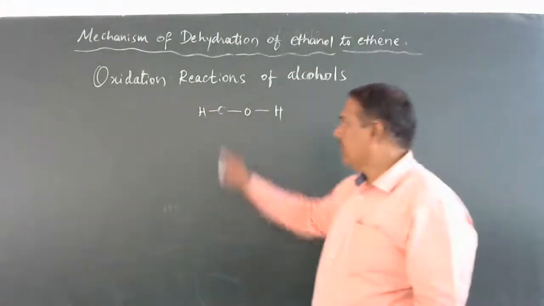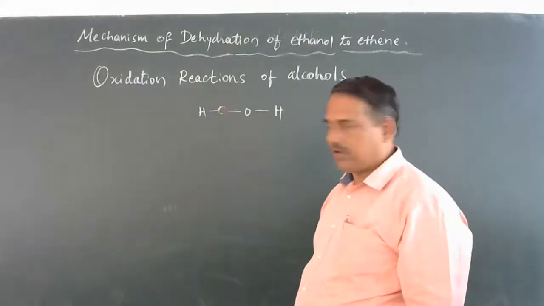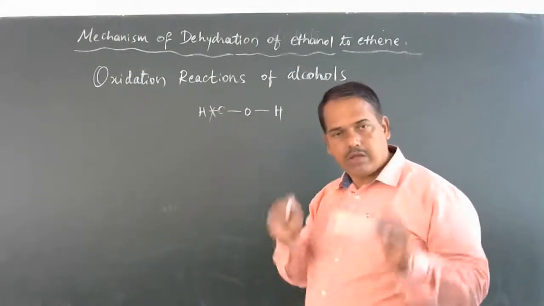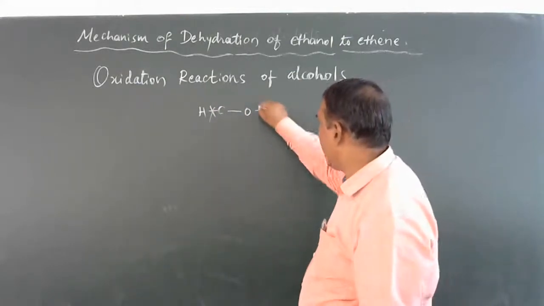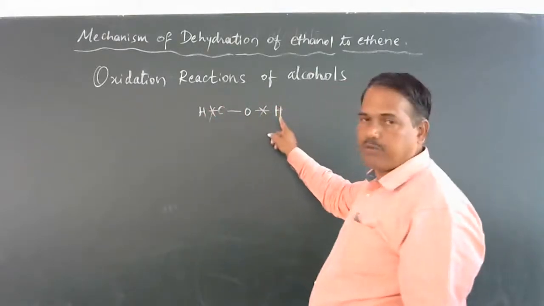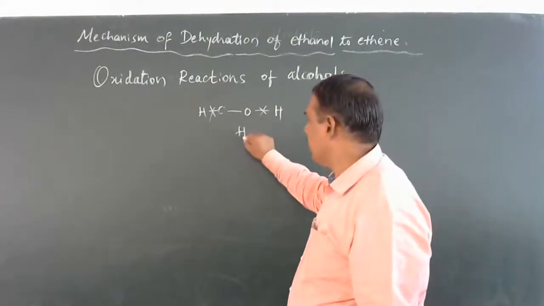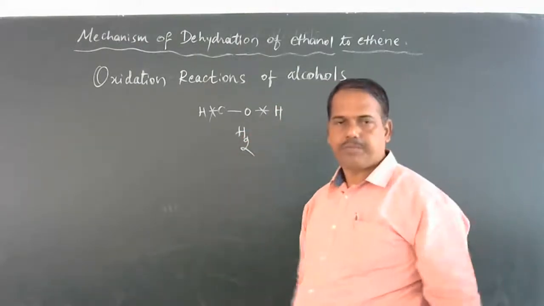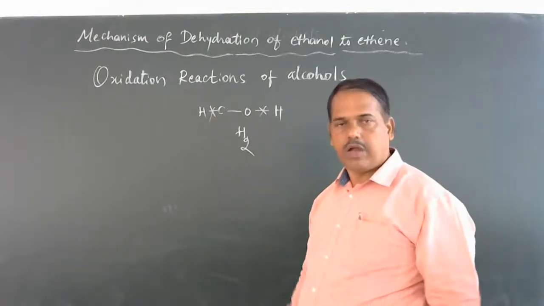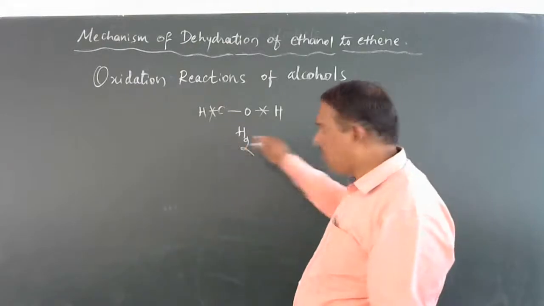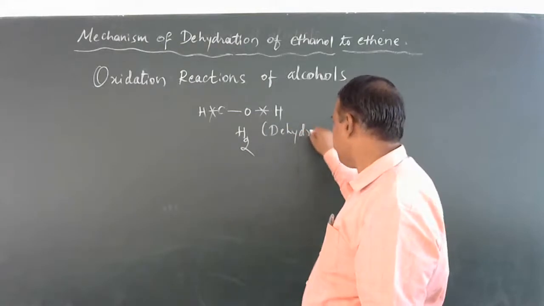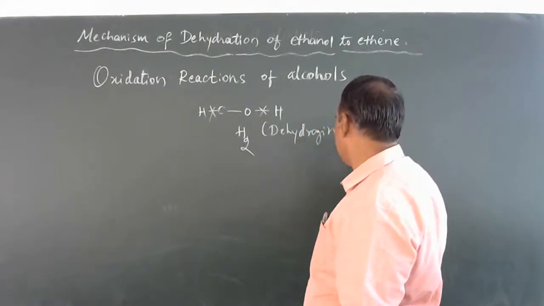Dear students, in oxidation reaction, the carbon to hydrogen bond breaks, as well as the oxygen to hydrogen bond breaks. See, one H from here, one H from here, and hydrogen is removed. Therefore, it is called oxidation. And it is also called dehydrogenation.